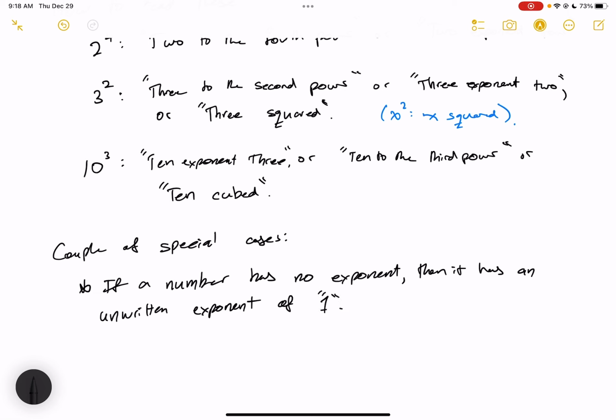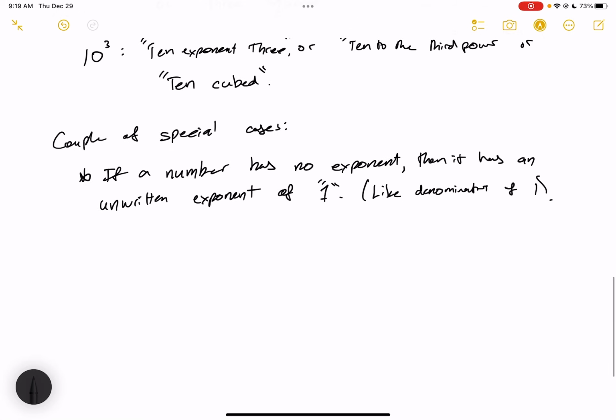It's kind of like fractions. Whenever you see a whole number with no denominator, the denominator is implied to be 1. So it's like denominators of 1. 1 is always the default, so we don't always have to show it.